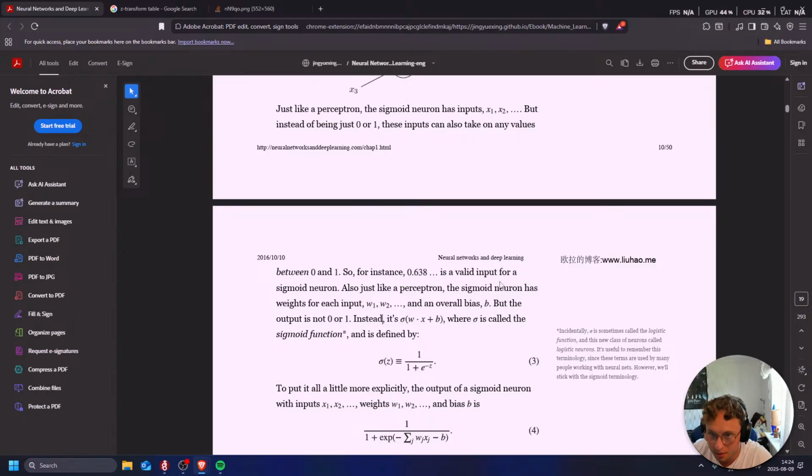But anyways, the output is the sigma function. Sigma function sounds so weird. With the weights, and that is the dot product, so making a big fat dot here, multiplied with the input plus the bias.